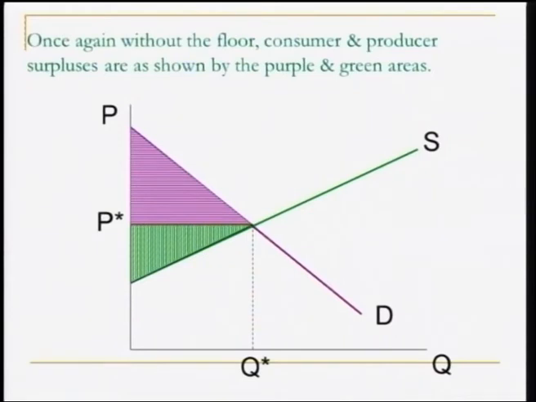Okay, now we will assume that the government sets a price floor which is above the equilibrium price to protect whom? To protect the producers.